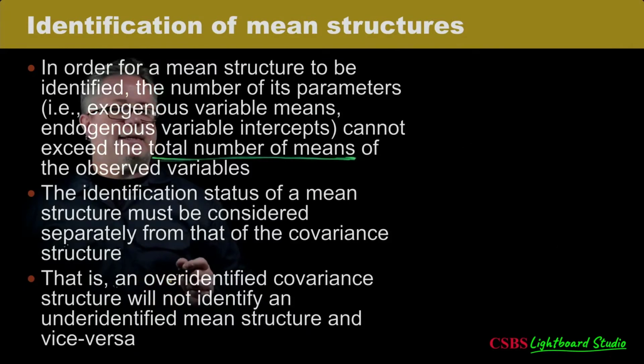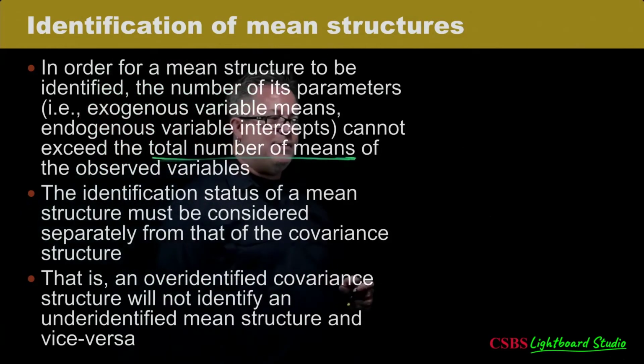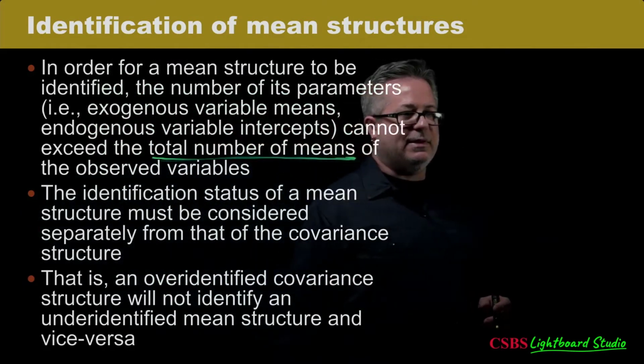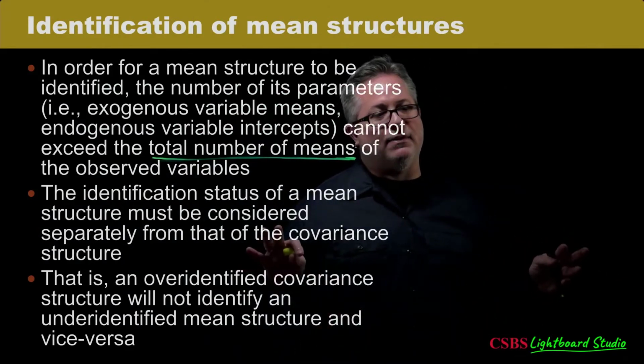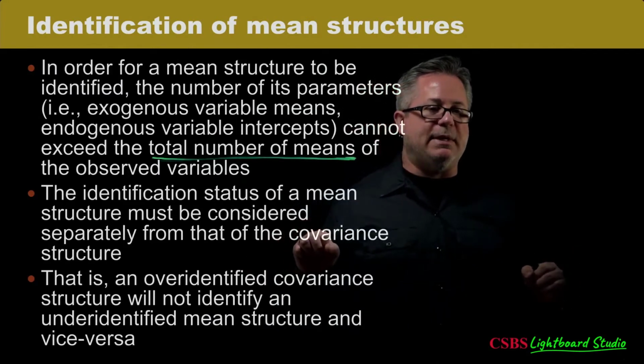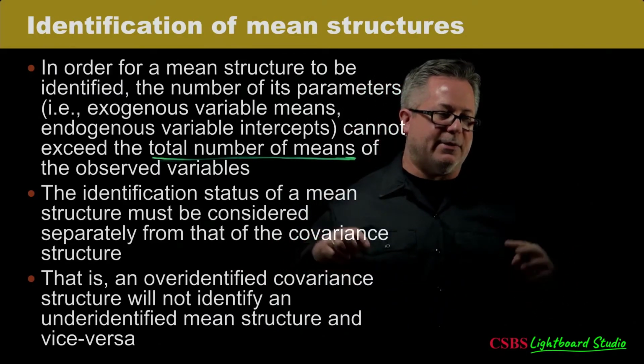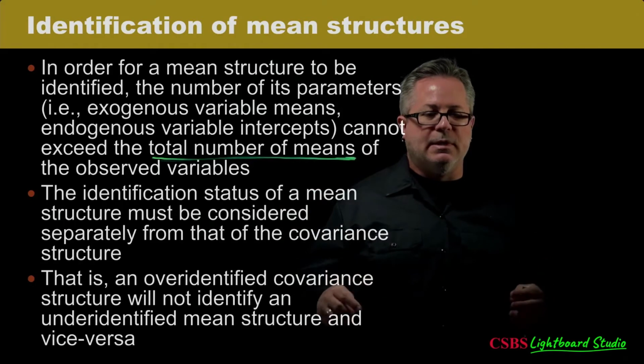So I can't estimate more means or intercepts than the total number of means I have in the data set. That's simple, right? 10 variables. At most I'm going to get is a combination of 10 means and intercepts. I can't do any more than that.